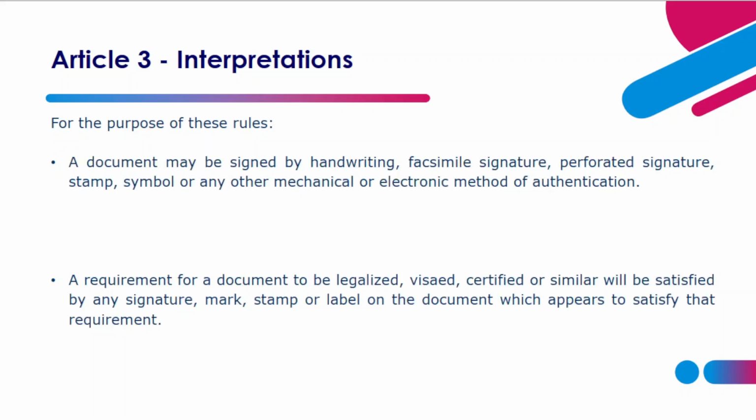Thirdly, a document may be signed by handwriting, facsimile signature, perforated signature, stamp, symbol, or any other mechanical or electronic method of authentication. Let's say there is a document and they are asking it to be signed.